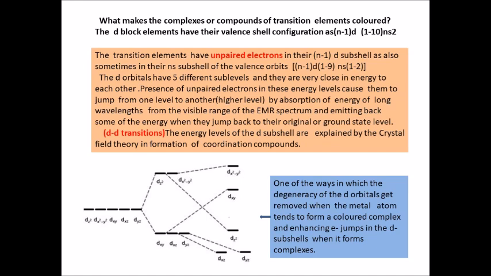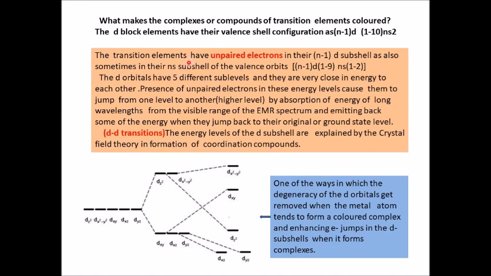Now what makes the complexes or compounds of transition elements colored? So whether they absorb, and why should they absorb? Because when a complex metal ion or a metal atom is being approached by ligands. What are ligands? They are atoms or groups of atoms which can bond with the central metal atom and form a complex.